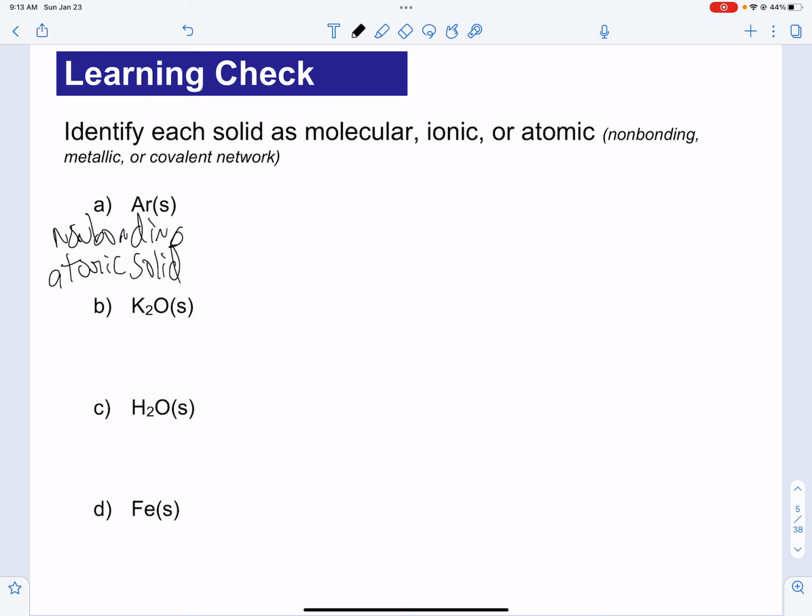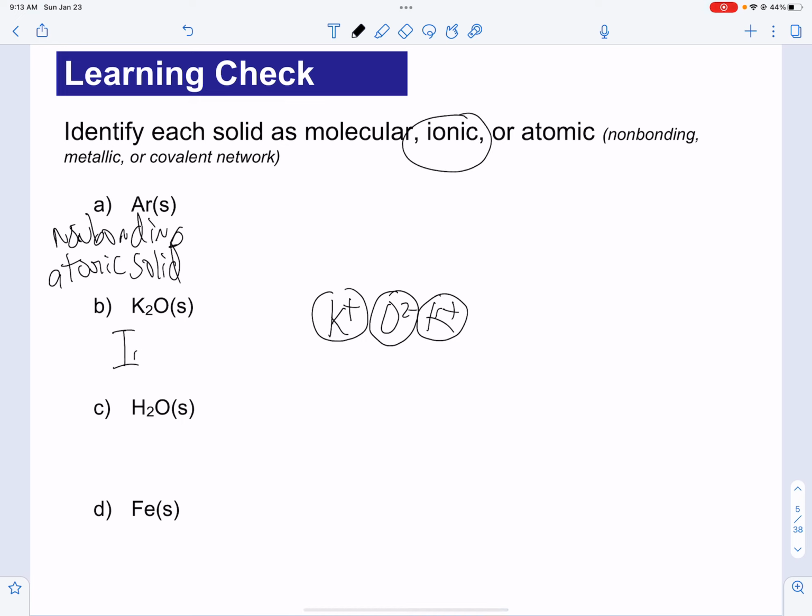What about the next one? K2O. Well, we know that we have K, which is positive, and we have oxygen, which is negative. So that means we need another K to balance that. So K2O. So positive and negative, this will be ionic. This will be an ionic solid. And how would that be a solid? Well, you're going to have another one where you have an O2- there, and another K+.